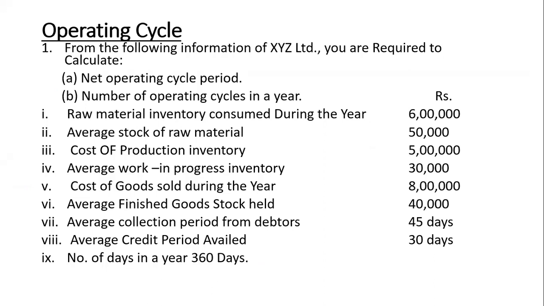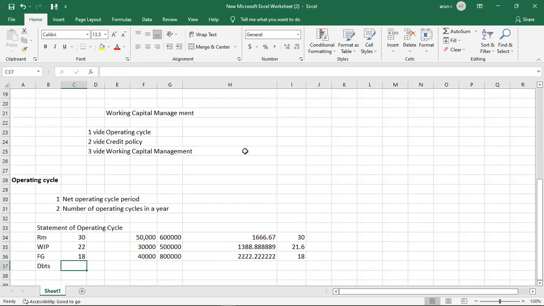They have simply given 45 days directly, so we take it directly as 45 days. There is no calculation. They gave it in the sum only. Add this.